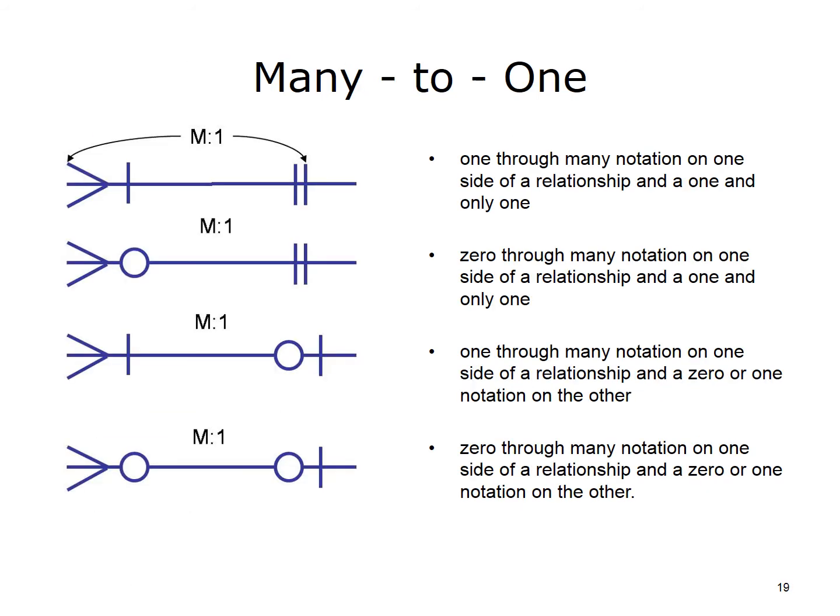Because the X-to-X way of referring to relationships does not account for the modality, there are 4 different ways that a many-to-one relationship can occur based on different combinations of modality.